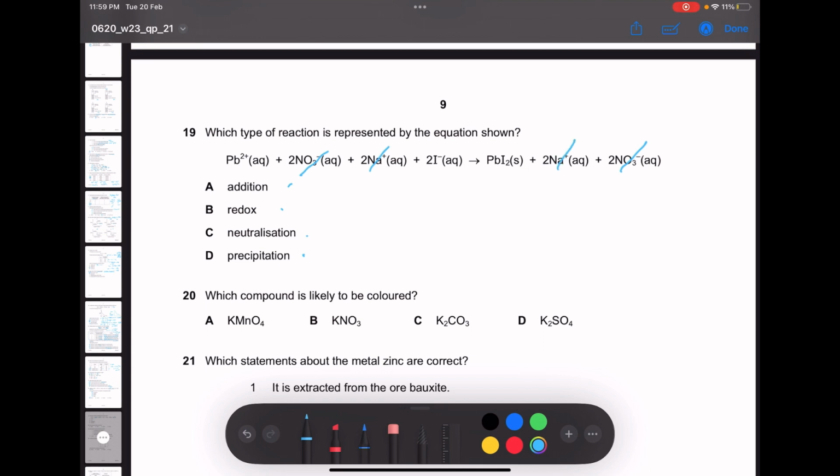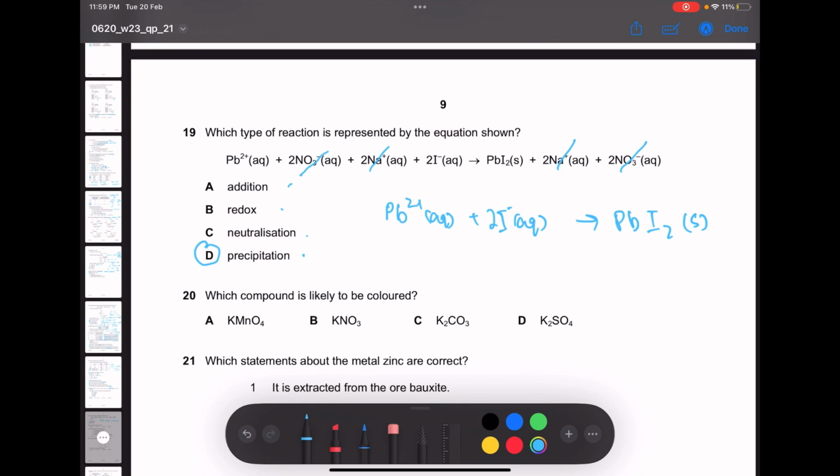Then we are left with this equation: lead 2 plus aqueous plus 2I minus aqueous gives us lead iodide solid. This ionic equation is for a precipitation reaction in which ions in aqueous form combine to form a solid compound which is insoluble in water.